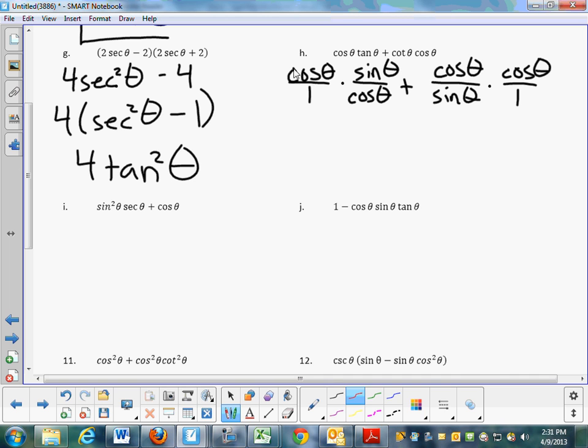And if you notice, the cosines, again, they cancel. On the right side, we end up with the cosine squared in the numerator. But over on the left-hand side, if you notice, we just have sine over 1, right? Well, if we want to add those fractions together, we need to have what? Common denominators. What is the denominator going to be on the right? Sine of theta. So I need to multiply the top and bottom by sine of theta.